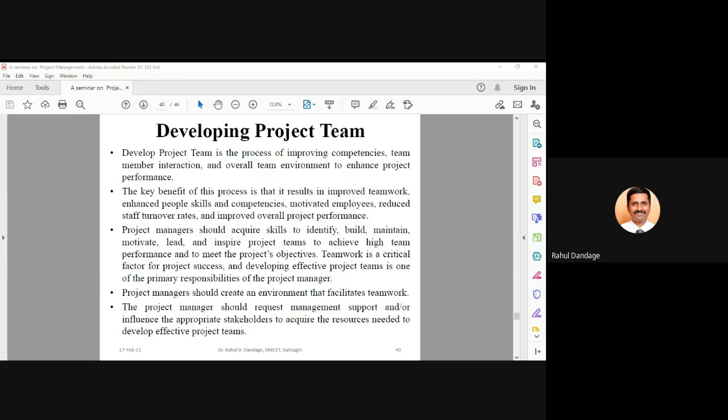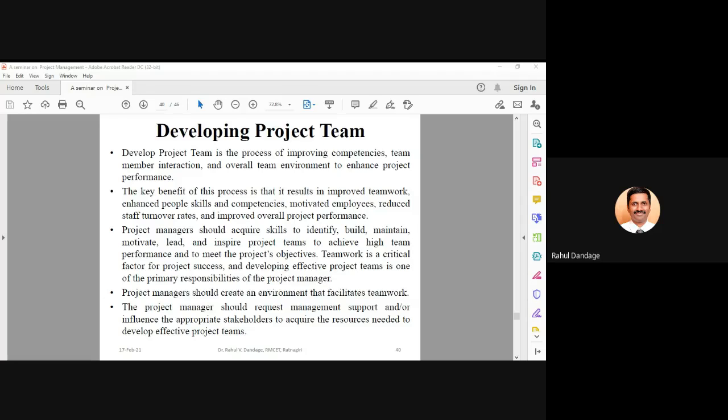And this all improvement in teamwork, the enhancement of people skills, enhancement of competencies of your project team members, the motivation among the employees, the reduction in staff turnover rates means more number of retention for your employees. This all will be resulting in improvement in the overall project performance.